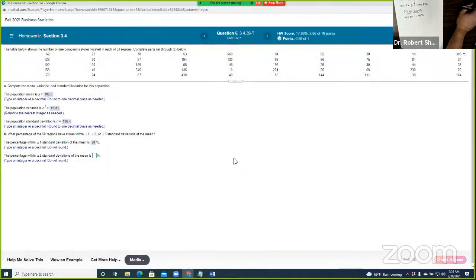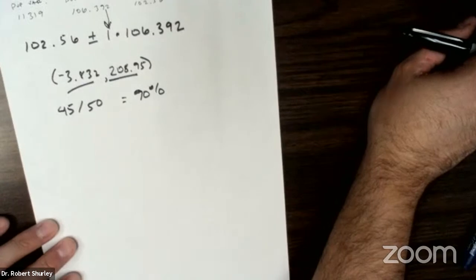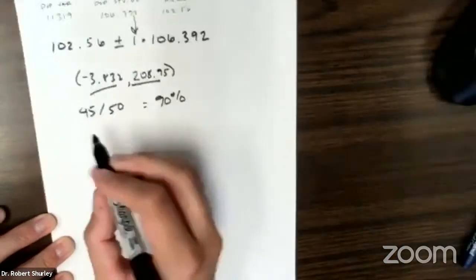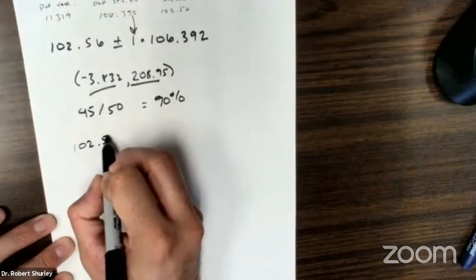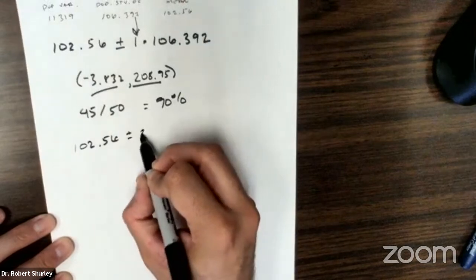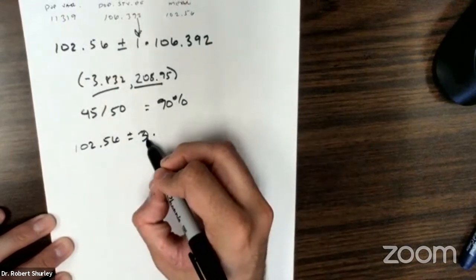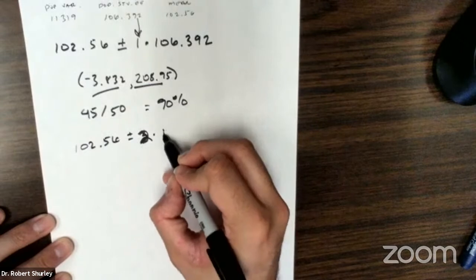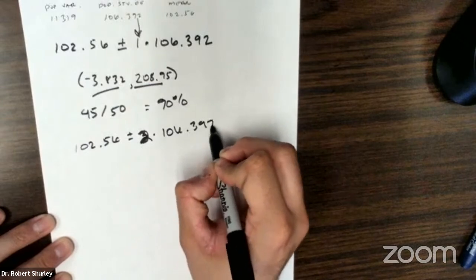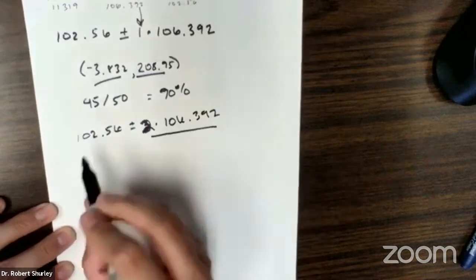Nice word. Okay, so now let's do 2 standard deviations. So let's go back to here. I would have 102.56 plus or minus, oh, not 3, I'm doing 2 times 106.392. So I've got to multiply this by 2 first.